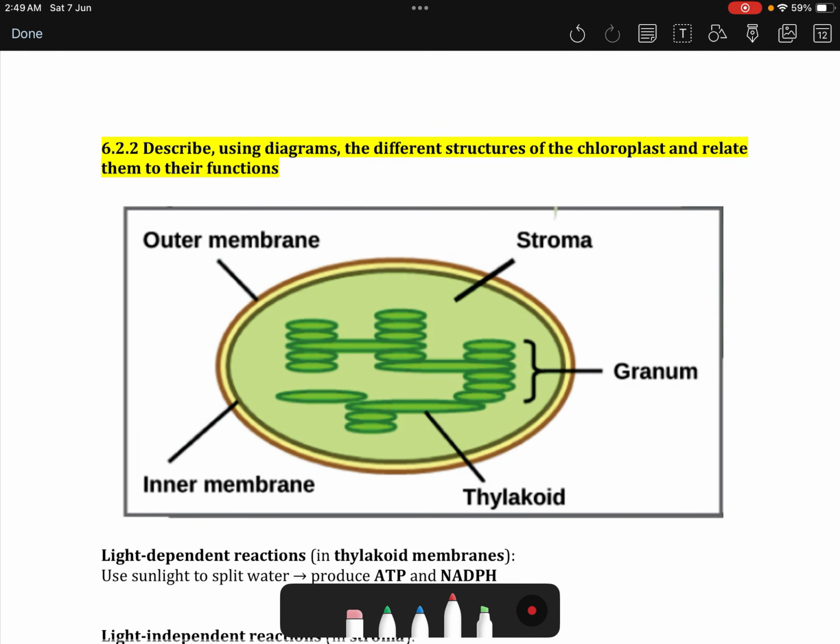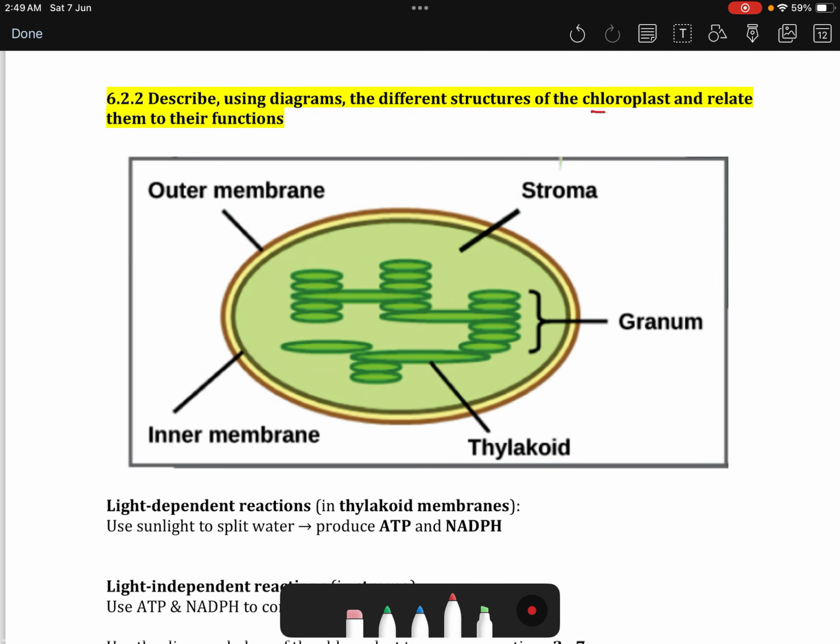Describe using a diagram the different structures of the chloroplast. We need to learn the chloroplast structure and relate them to their functions. This is the diagram of the chloroplast. Remember, it has two membranes, the outer membrane and the inner membrane. Along with that we have disc-like structures, and each of these discs is called a thylakoid.